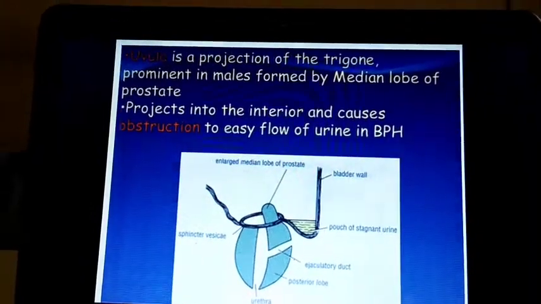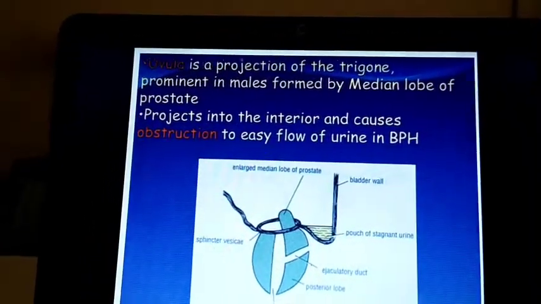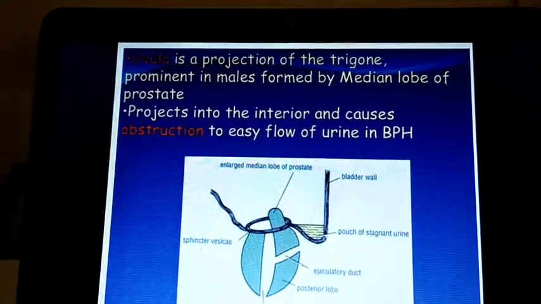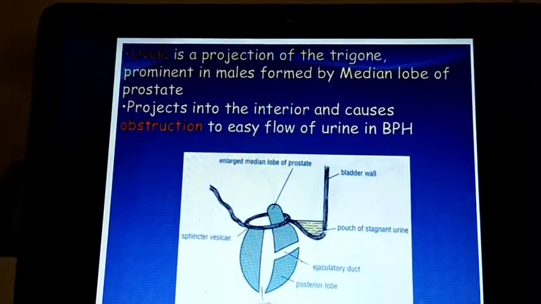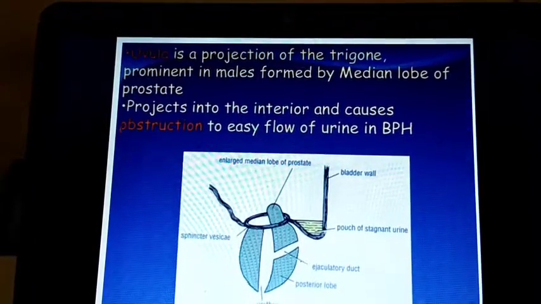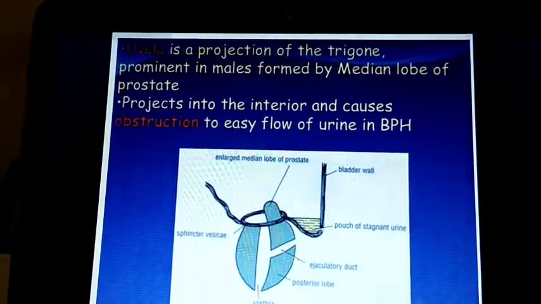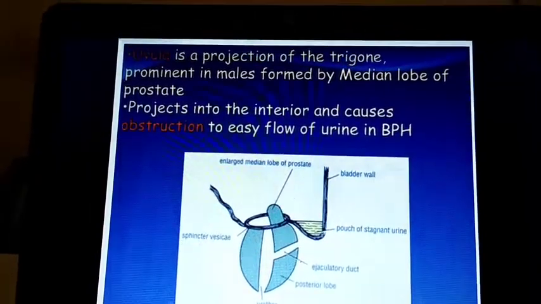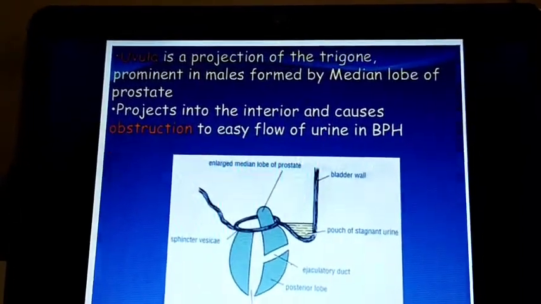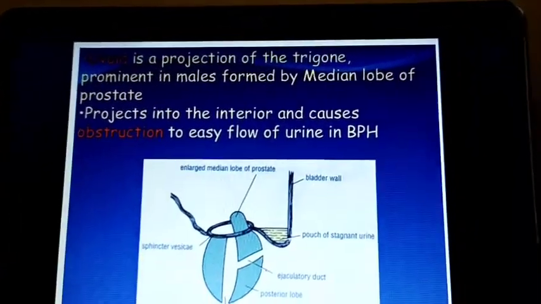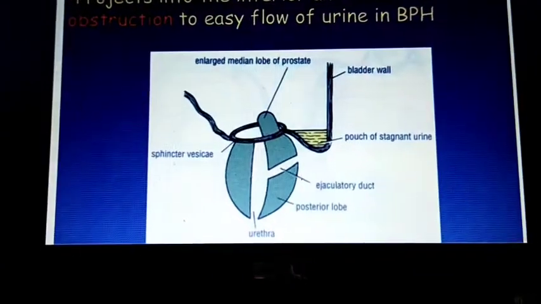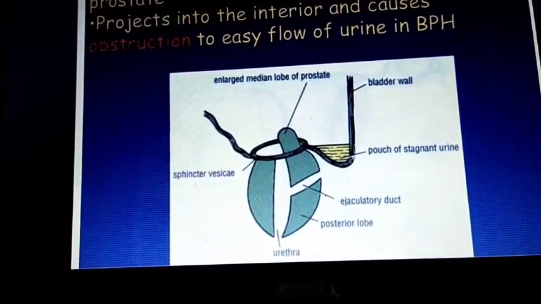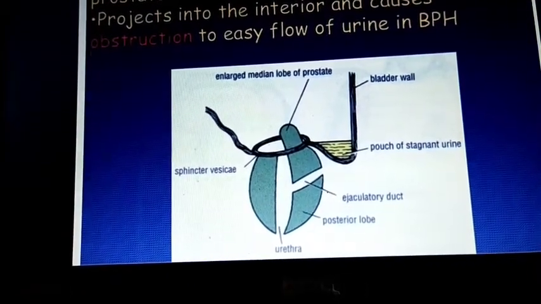The uvula is a projection in the trigone, prominent in males, formed by the median lobe of the prostate. It projects into the interior and obstructs the easy flow of urine in BPH. You can see how the median lobe of the prostate forms the uvula in the trigone.